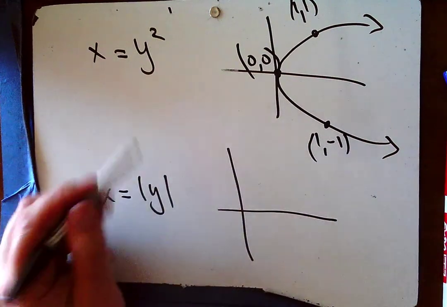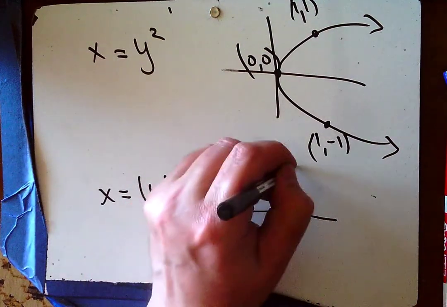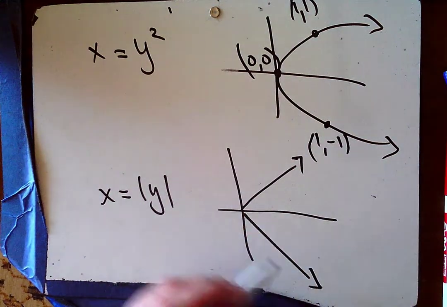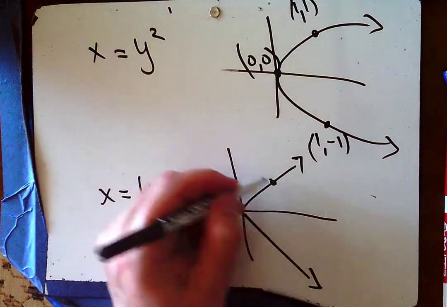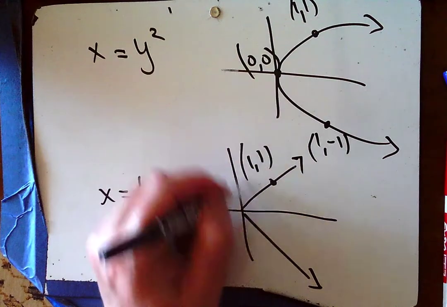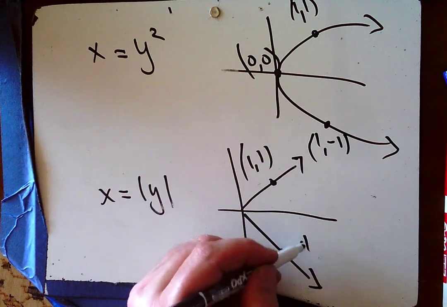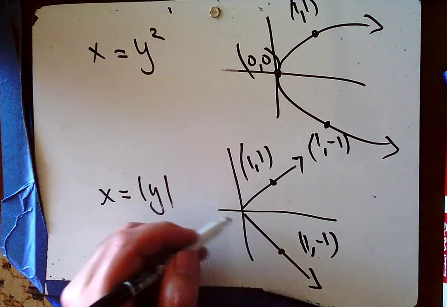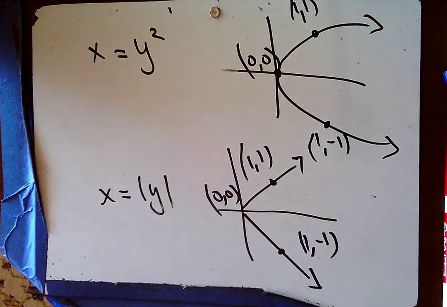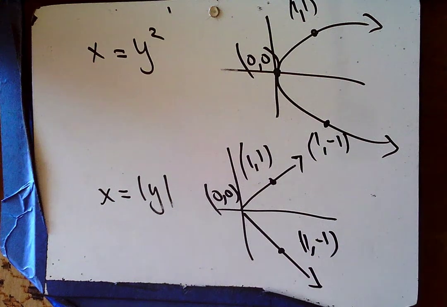These will come up for us especially next semester. And so there's absolute value of y, actually passes through the same points. 1, 1, 1, -1, and 0, 0. And if we try and do transformations of these, we get funky things happen.